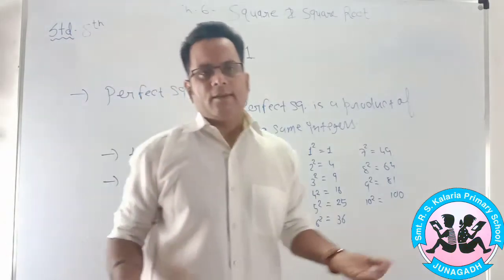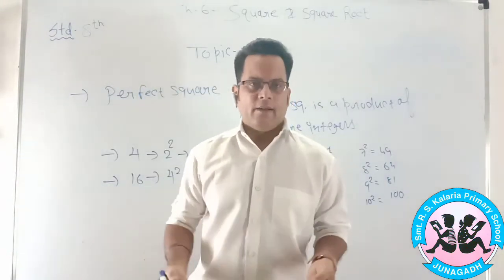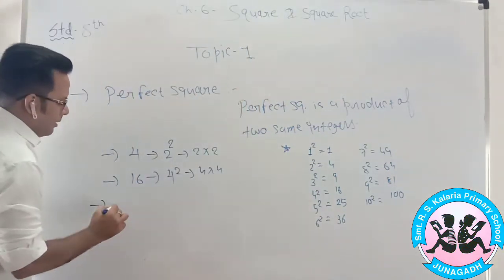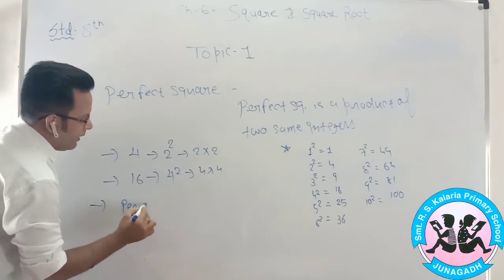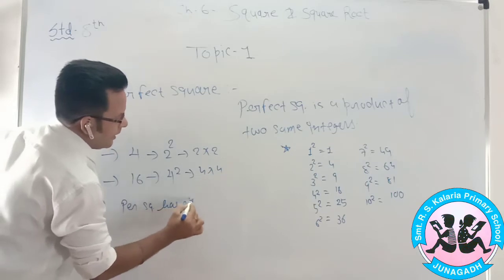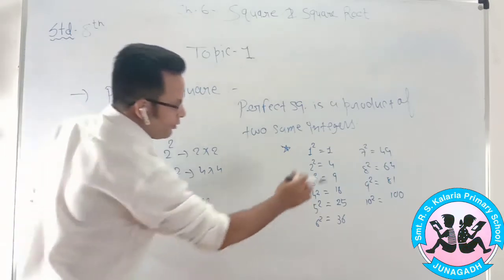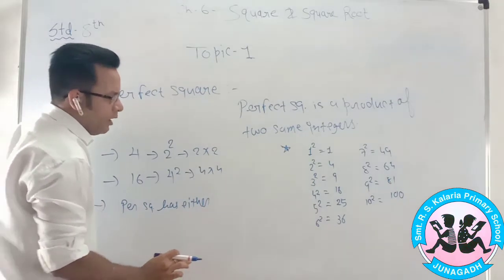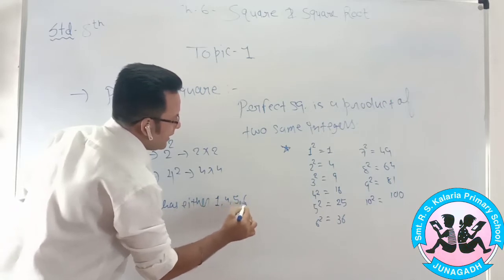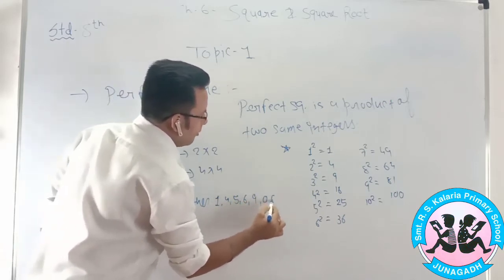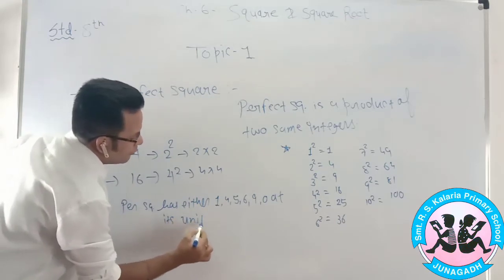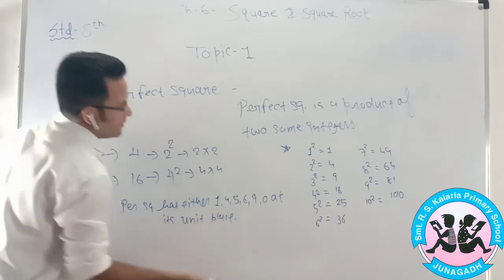Now, which numbers can be called perfect squares? A perfect square has either 1, 4, 5, 6, 9 or 0 at its unit place.